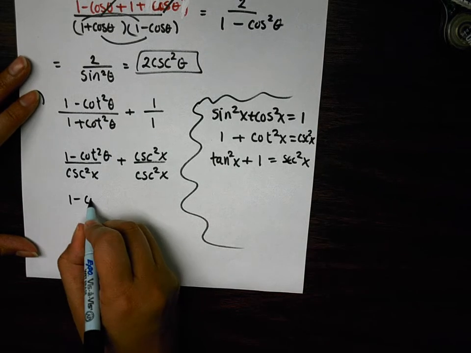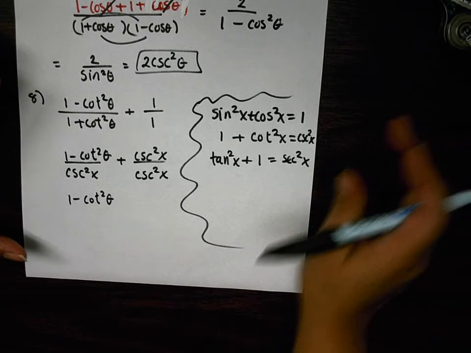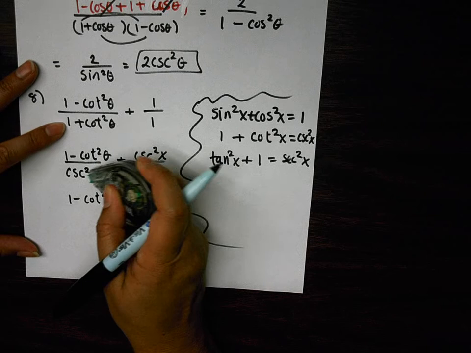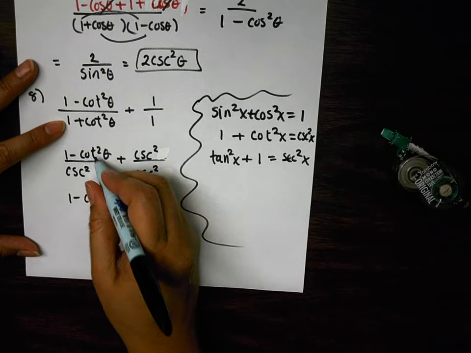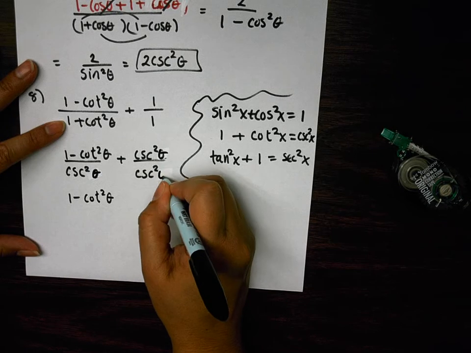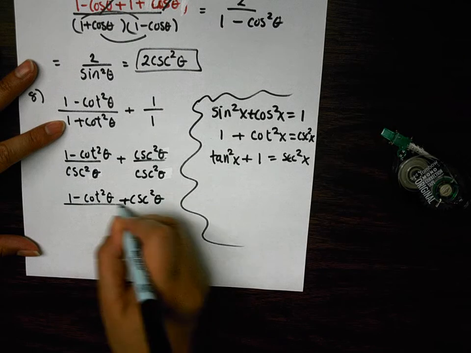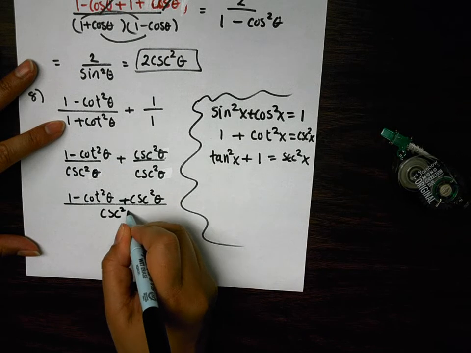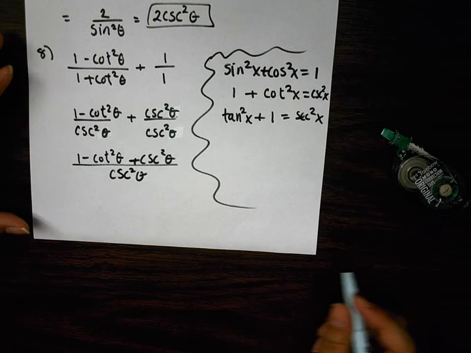Do you agree that would give me a common denominator? 1 minus cotangent squared theta, I mixed up my variables, plus cosecant squared theta all over cosecant squared theta.